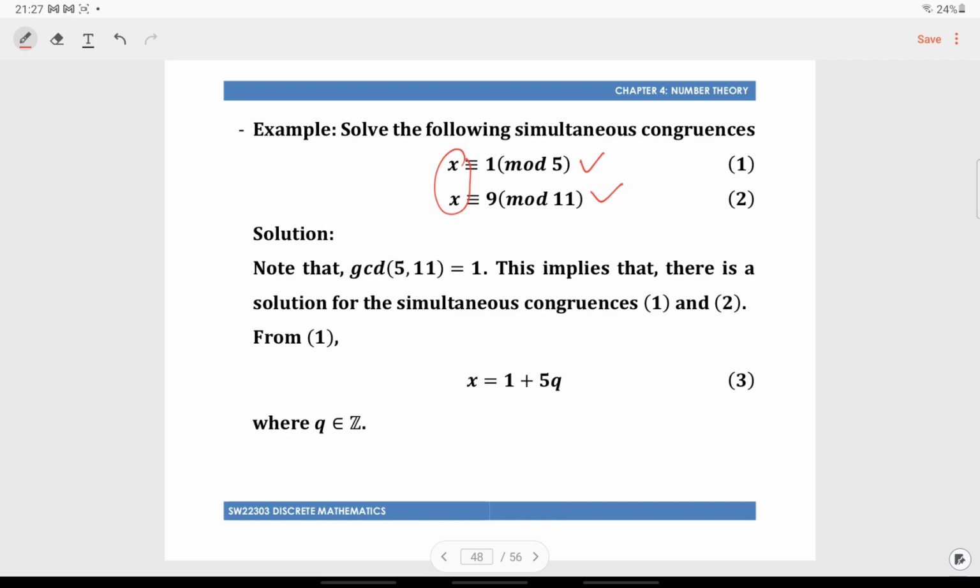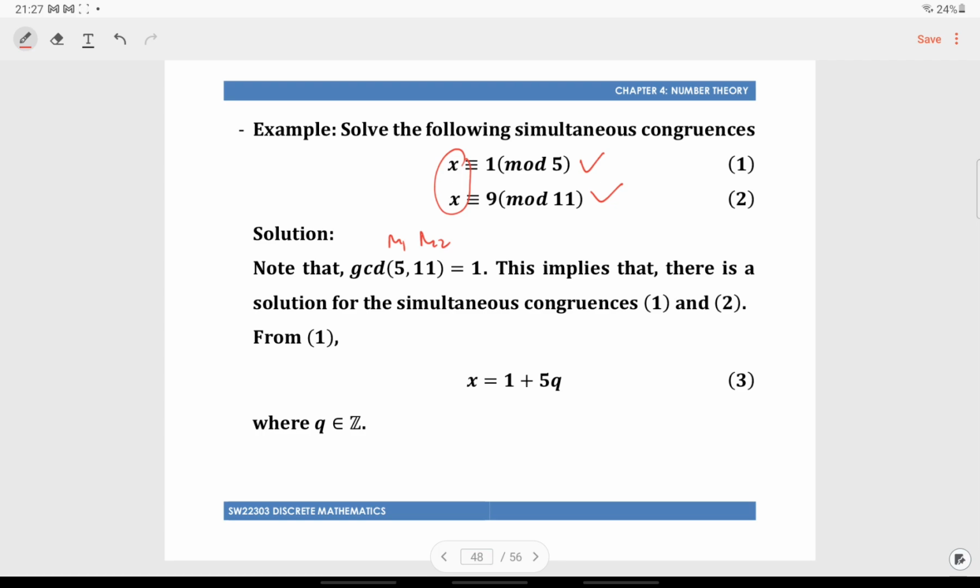Note that the GCD of 5 and 11, M1 and M2, is equal to 1. So that means the system of congruence relations 1 and 2 has a solution. What does it mean?